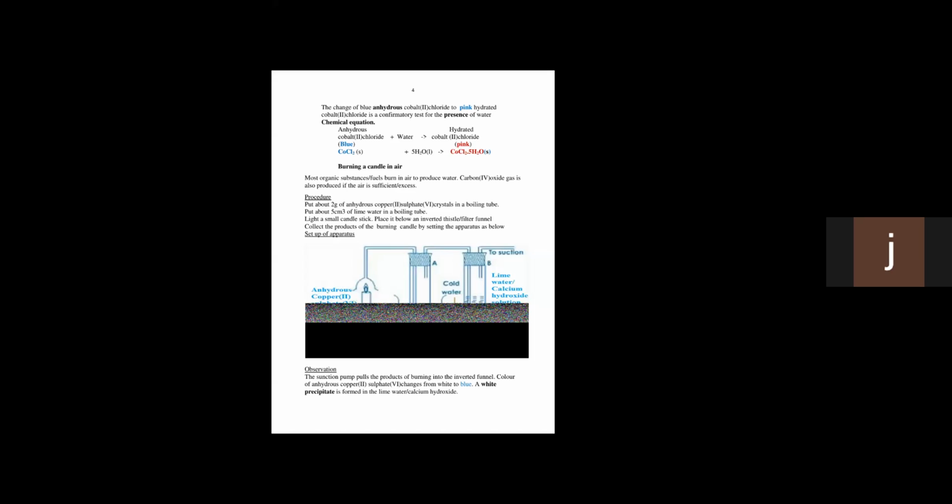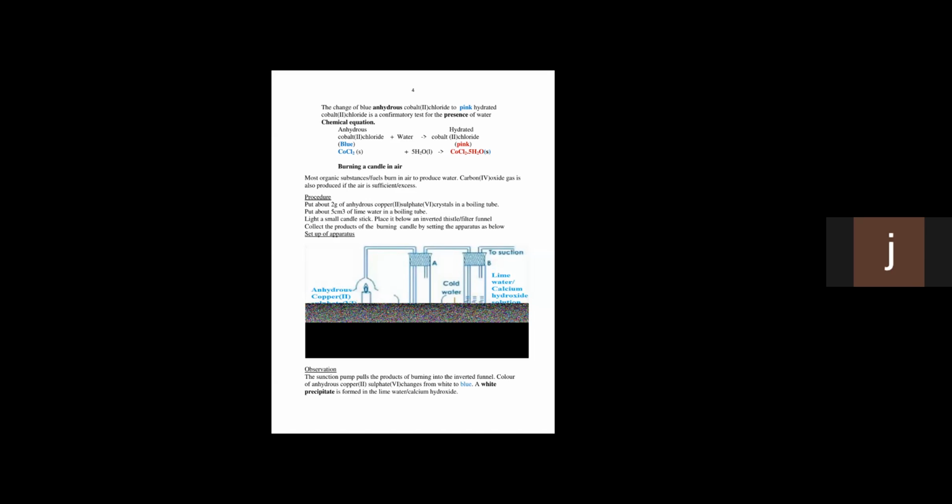Then we said magnesium reacts very slowly with cold water. Why? Magnesium is very, very reactive. So once you expose it to air, it combines with oxygen to form magnesium oxide, which is actually a coat.